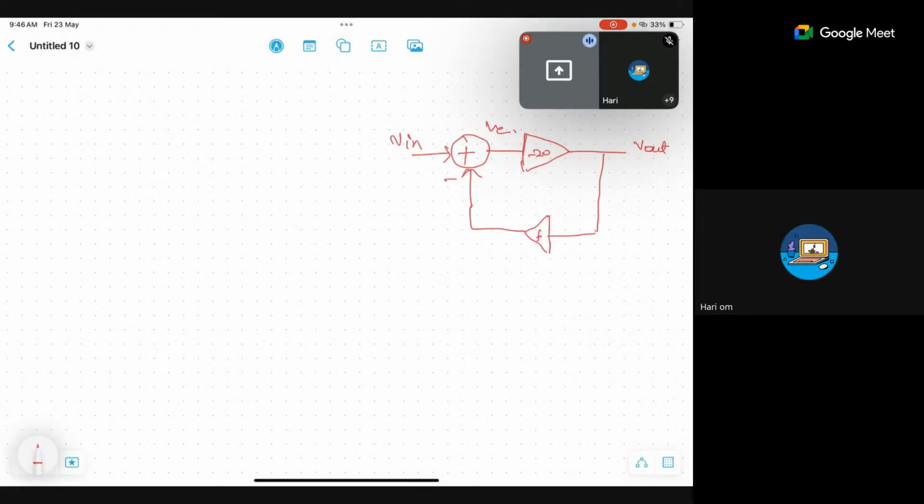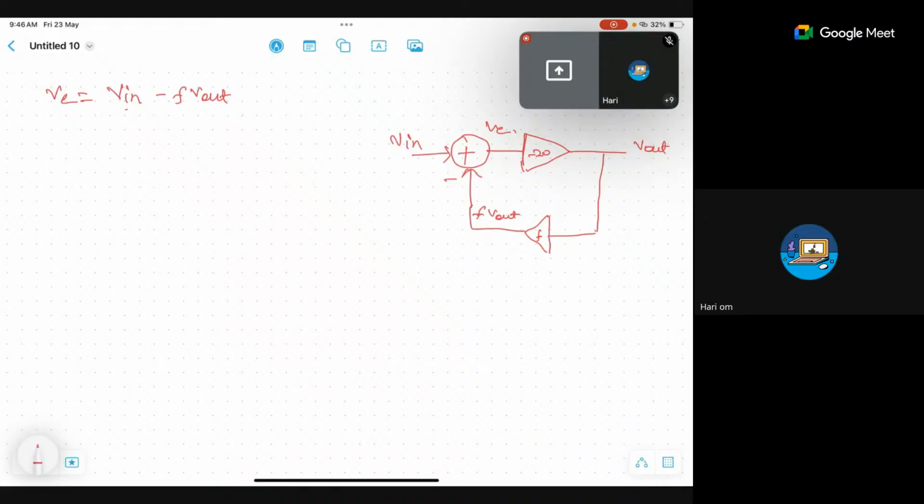So if we are talking about the loop, V is equal to V in minus F times V out. Okay, V out multiplied with F, so we are getting F times V out here. This F times V out is subtracted from V in, and we are getting the VE.